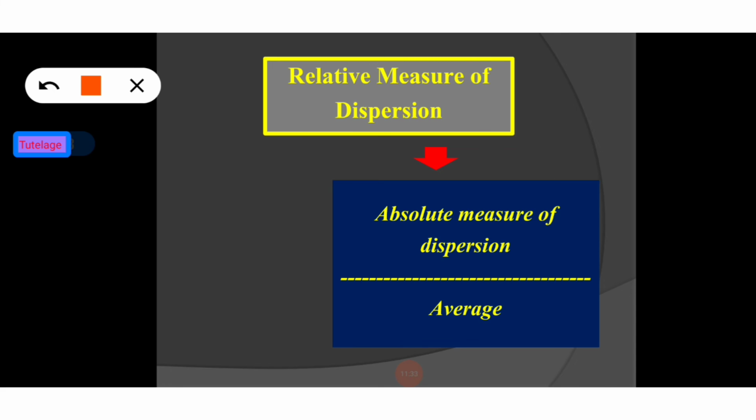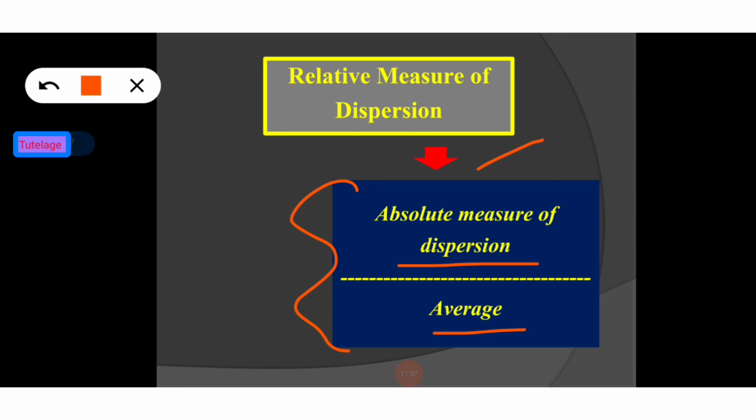Okay, so the relative measures are taken as a ratio of the absolute measure of dispersion to a corresponding average. So these measures are pure numbers, and in general the relative measure of dispersion is equal to the absolute measure of dispersion divided by the average.